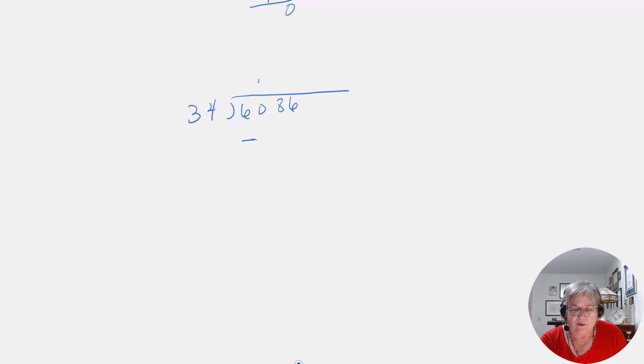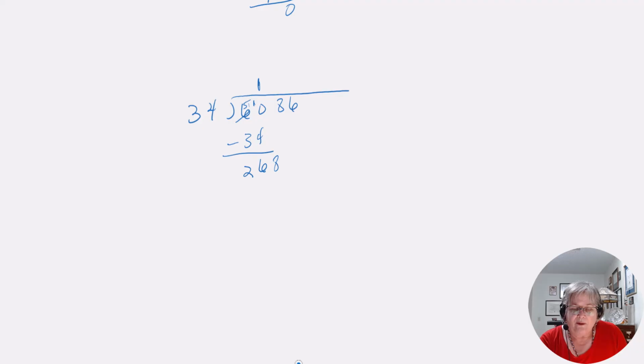So we're going to do 1. 1 times 34 is 34. We subtract. All right, 4 won't go away from 0, so we borrow. Put 10 there. 10 minus 4 is 6. 5 minus 3 is 2. Okay, bring down the next column.